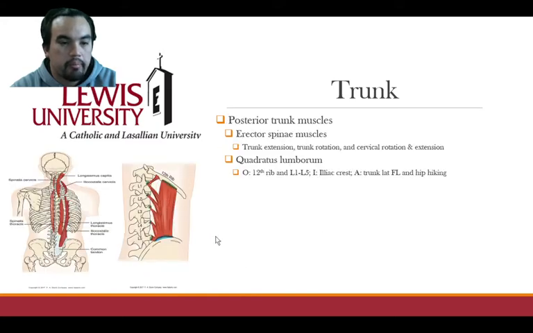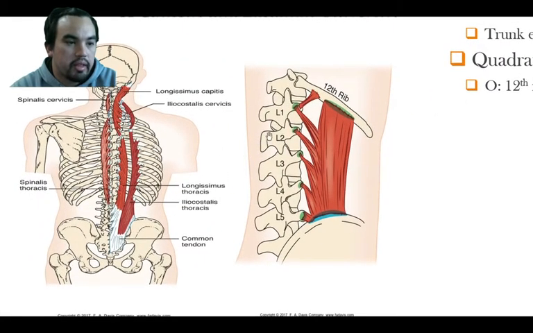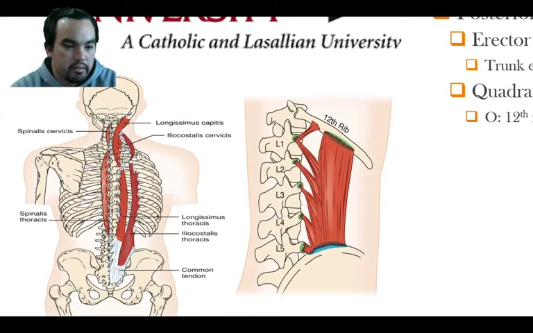On the posterior aspect, you can see here, we have a lot of these little muscles: spinalis cervicis, longissimus capitis, iliocostalis cervicis, longissimus thoracis. We just call those the erector spinae muscles, because what they do is they help keep the spine upright.